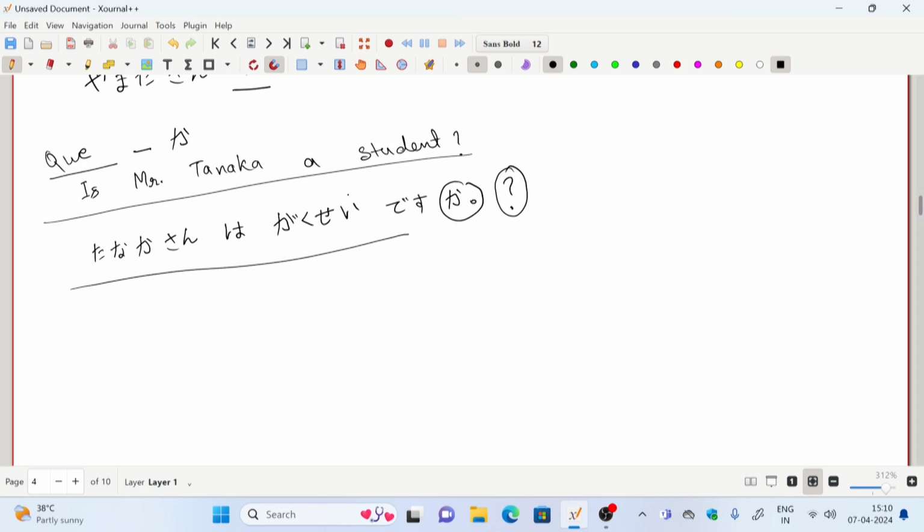So now we can reply. There will be two kinds of answer. First, yes, and that will be hai. This also means yes, he is, yes, that's true. Or we can say hai, Tanaka-san wa gakusei desu.